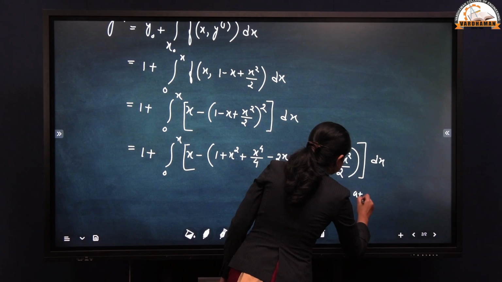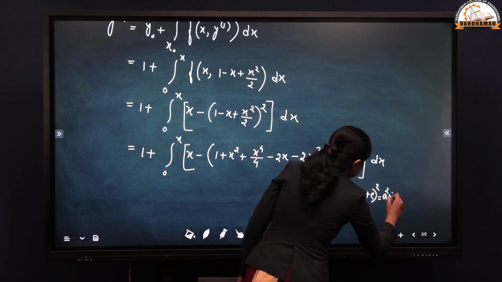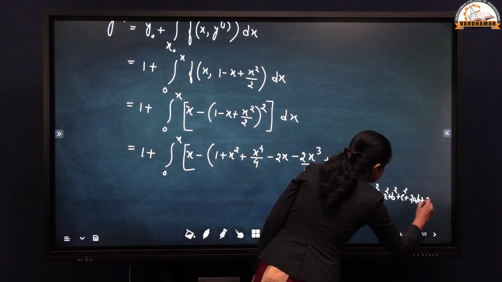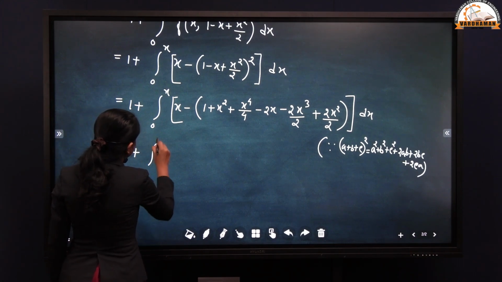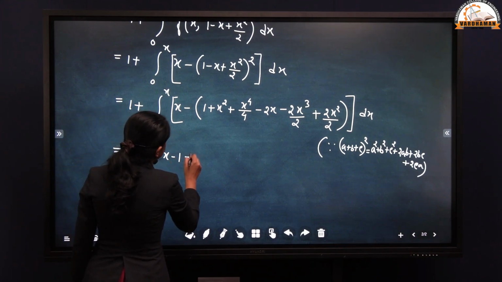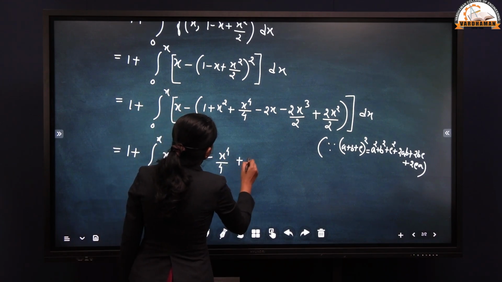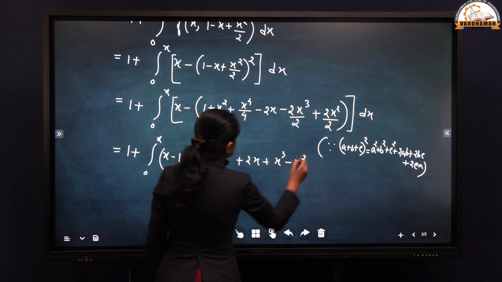Since the (a plus b plus c) whole square formula is a square plus b square plus c square plus 2ab plus 2bc plus 2ca. Okay. Now let us simplify it first. 1 plus integration 0 to x of minus 1 minus x square minus x power 4 by 4 plus 2x plus x cube minus x square, and dx.